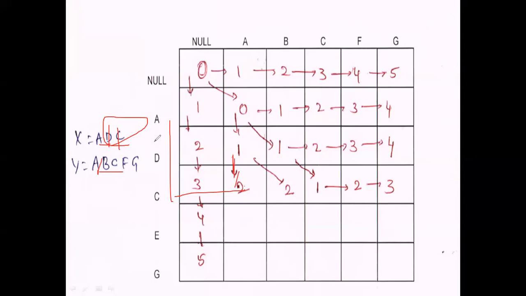So ADC converted into A, the number of deleting operations is 2.